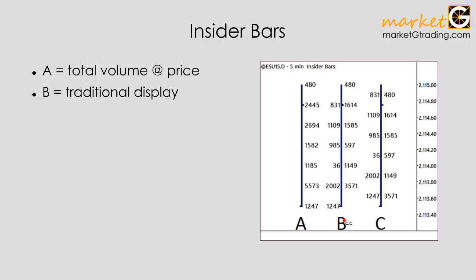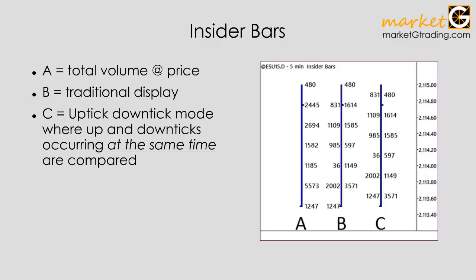Bar B shows the traditional display with downticks, or trades at bid, on the left side and upticks, or trades at ask, on the right. And finally, C is uptick downtick mode, where the trades have been shifted so that the ones occurring at the same time are compared more readily.